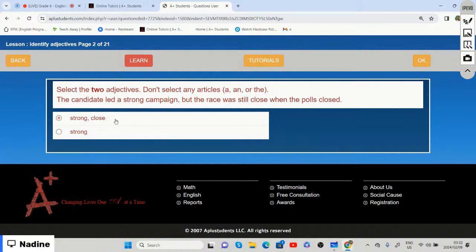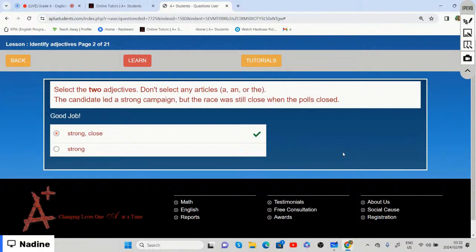So we said that we chose the second option as strong and close.